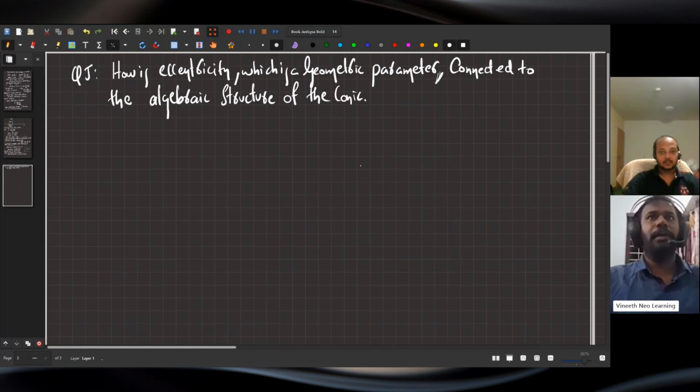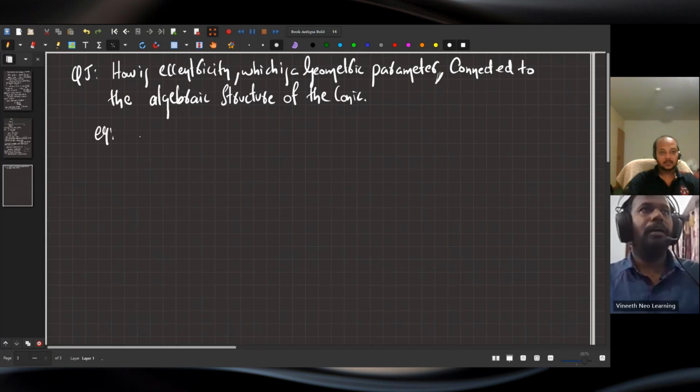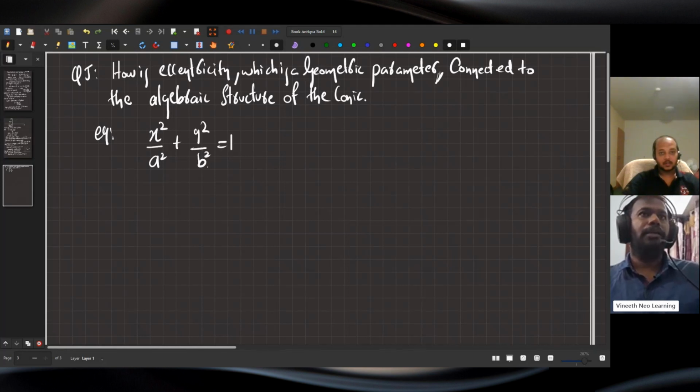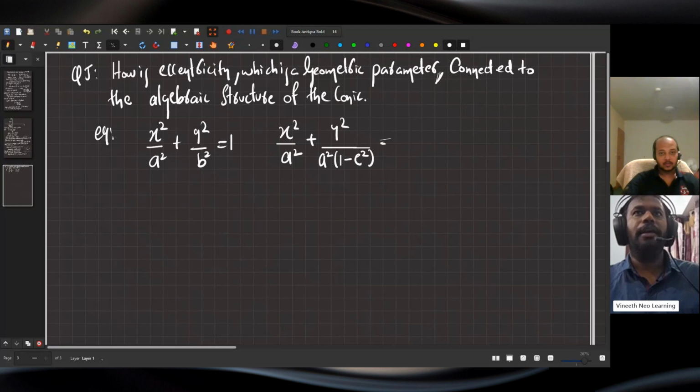It is a ratio. I'll talk about that. But how is it connected to the algebraic structure? Let's take an example of an ellipse, x squared over a squared plus y squared over b squared equal to 1. We can rewrite this equation in terms of eccentricity as x squared over a squared plus y squared over a squared times (1 minus e squared) equal to 1.